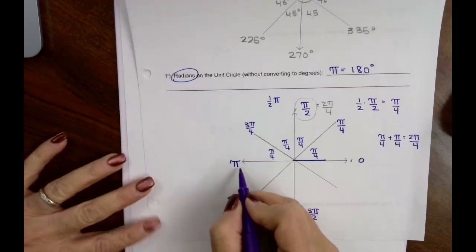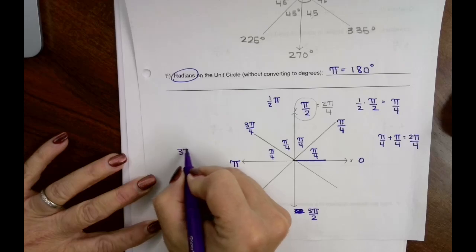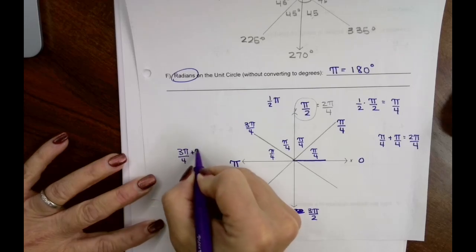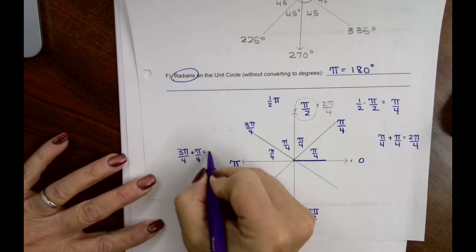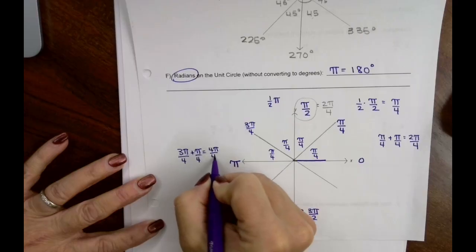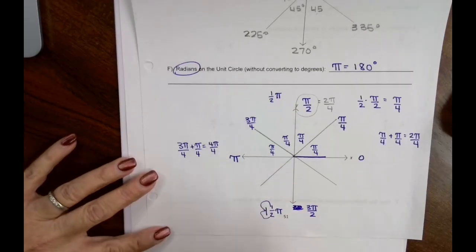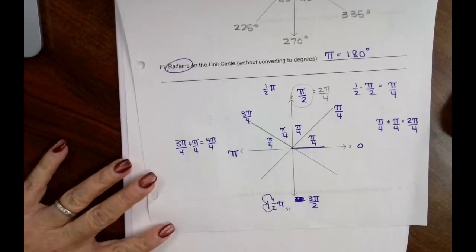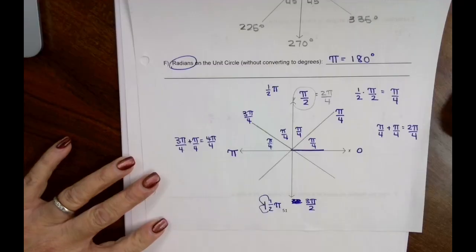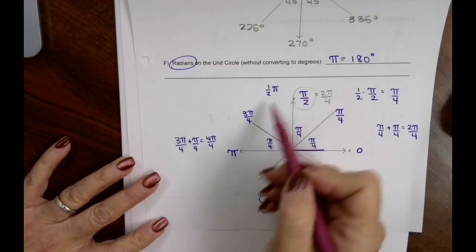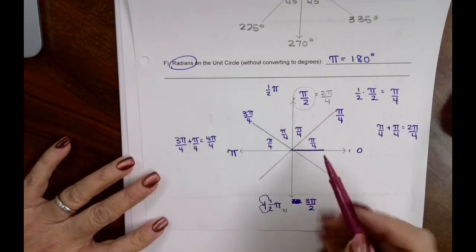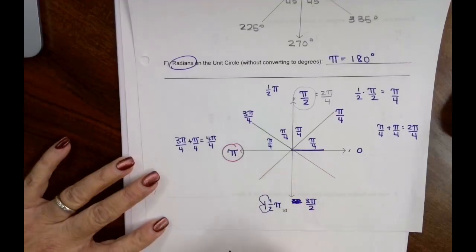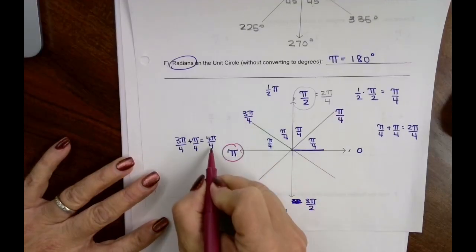Well, another way to think about this is if I have 3 pi over 4 plus pi over 4, this gives me 4 pi over 4. So here's one of the things that I want you to think about. No matter what the denominator is as we go around this unit circle, I'm going to show you another one here in a second. This is always that denominator, right?